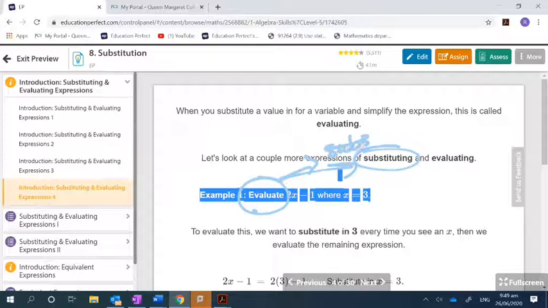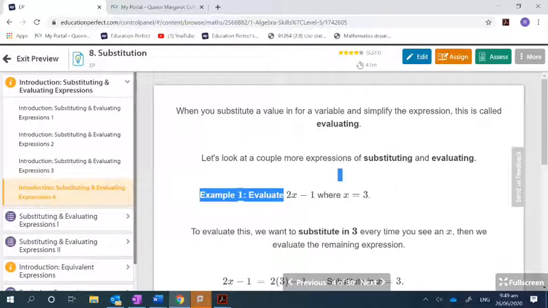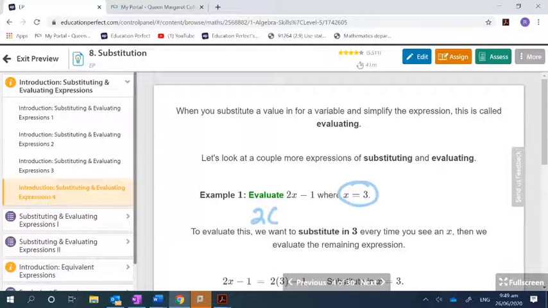Evaluate simply means find a value for it. So all we need to do is plug in the number they give us in place of the letter. In place of the x, I'm going to put what number? 3. And I never replace a letter with a number without putting it in a bracket or parentheses.